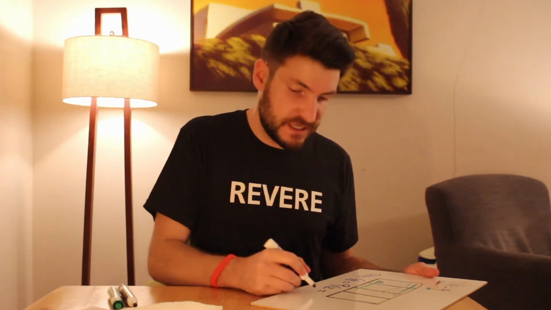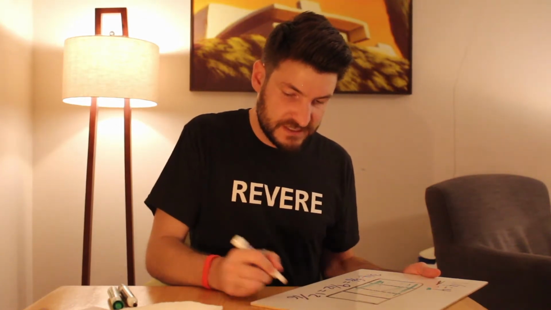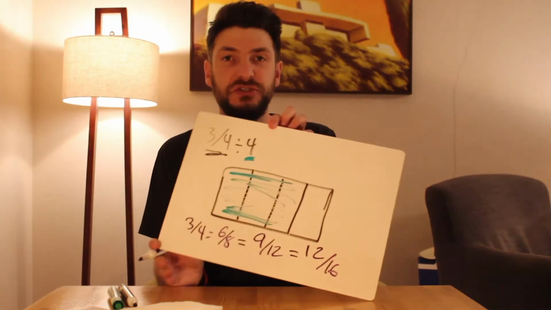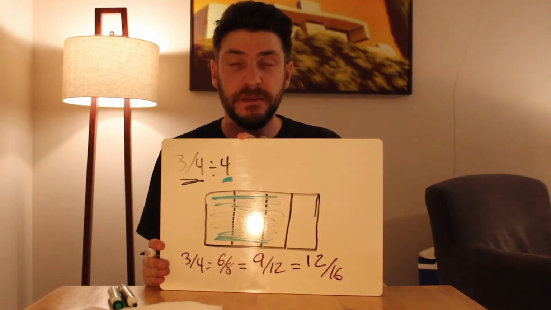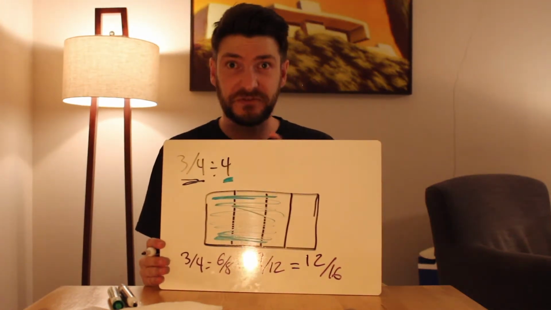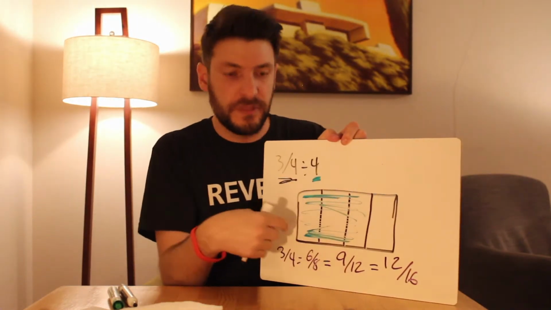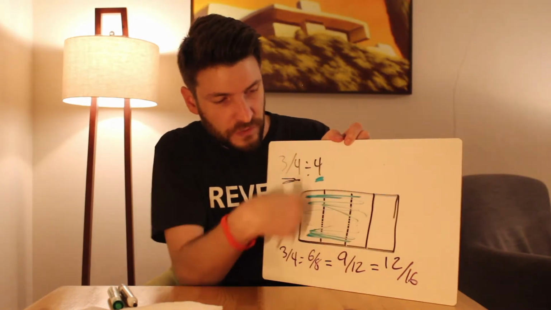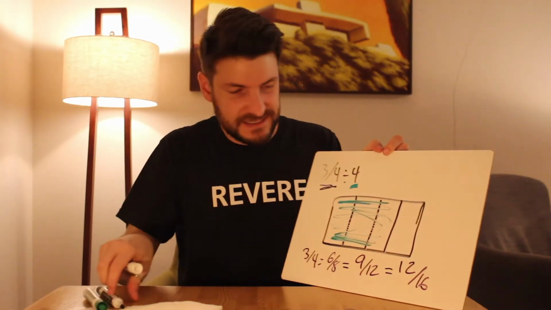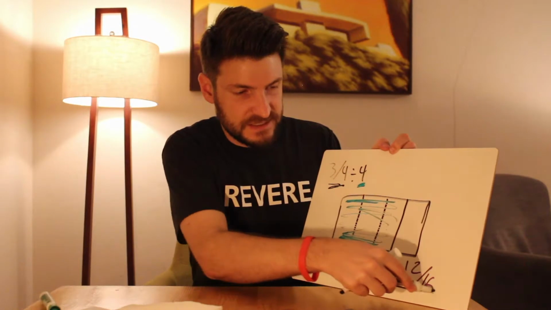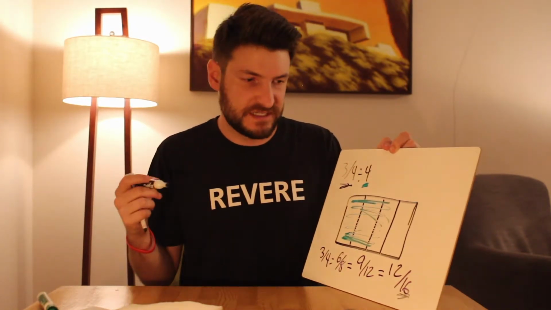So we keep going. 3/4 is equal to 12/16. Is 12 divisible by 4? You're right, it is. Great job. So we have to change this bar that represents 3/4. This whole number has to be changed into 16 pieces now, so we can model 12 out of 16.